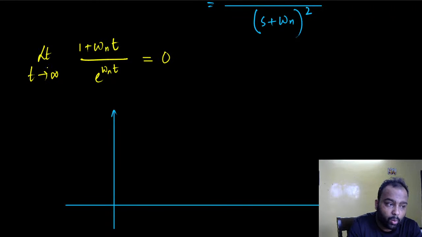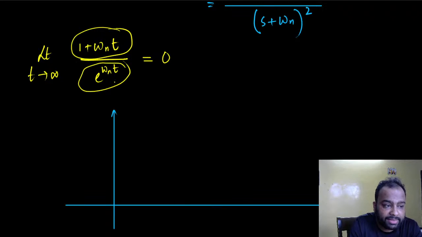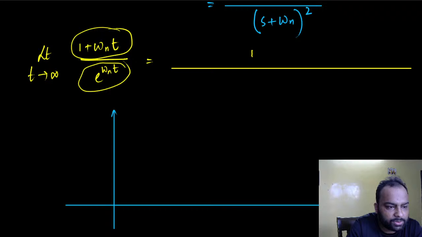But the thing is, when t is infinity, this is infinity, this is also infinity. But this infinity in the denominator is a infinity of higher order, because if you look very carefully, the numerator is 1 plus omega nt. What about the denominator? What about e to the power omega nt?